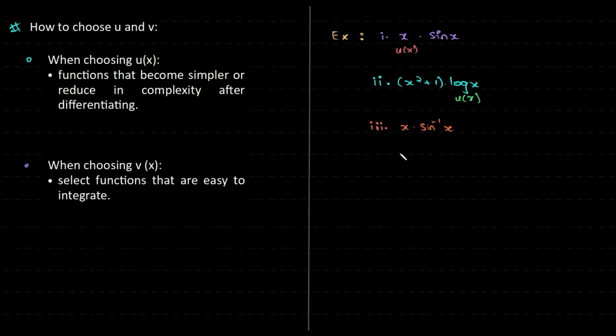In this case too, even though x is easy to differentiate, I have to take sine inverse of x as u, for the reason that we don't know the integral of sine inverse of x. Does it make sense? So it would go like this, but how this will get simplified, we'll understand in time. Right, guys? Okay, so let me show an end-to-end example.